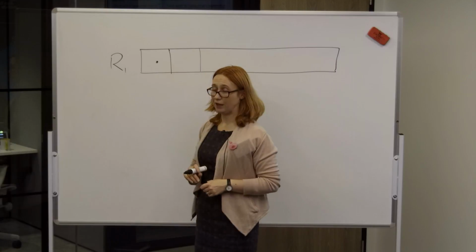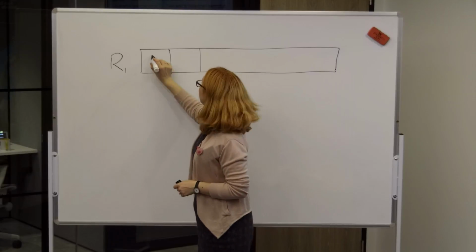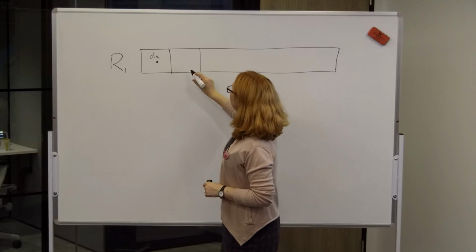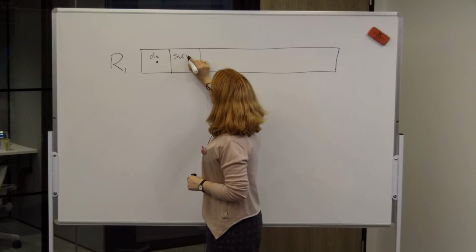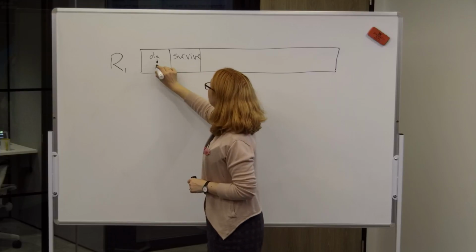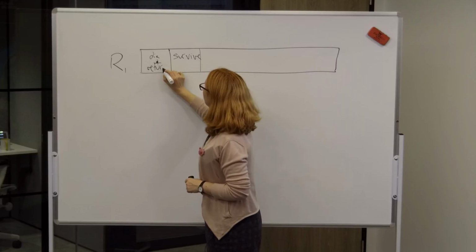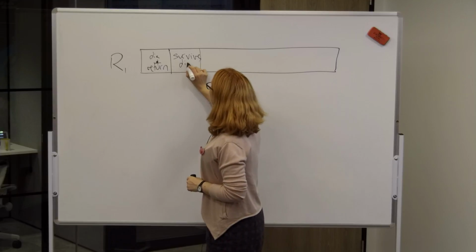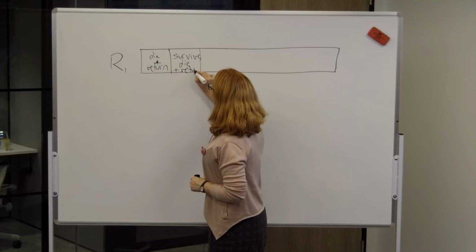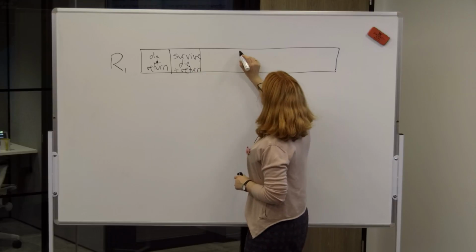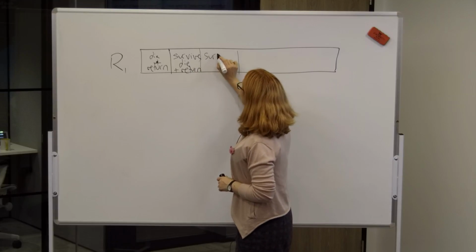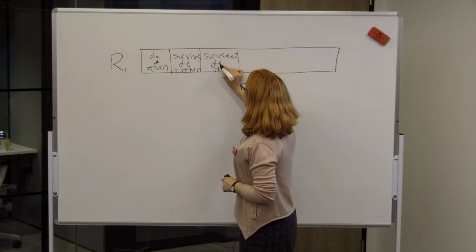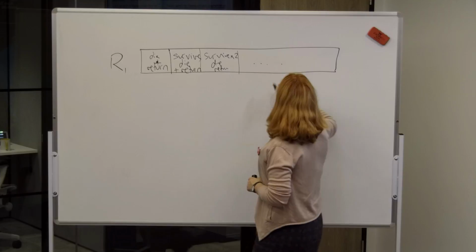Alternatively, they could survive the first year, then die, and the tag be returned. Alternatively, they could survive twice, die, return, and so on.